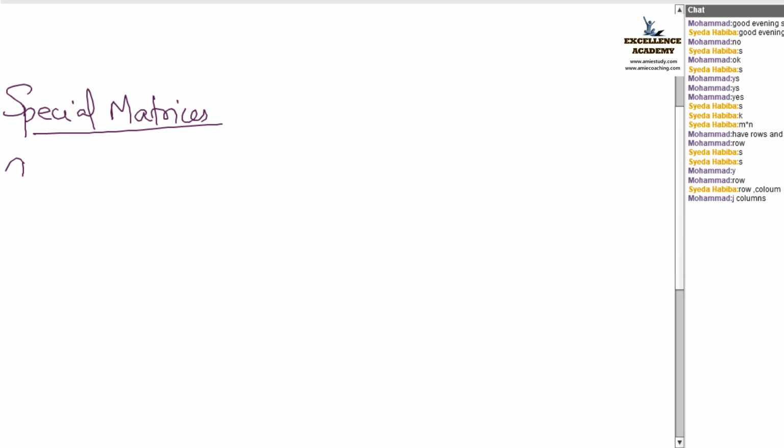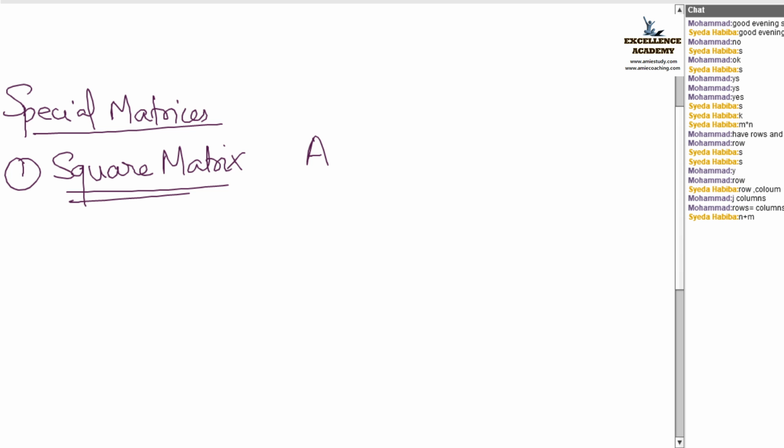If I am denoting a matrix A of order m by n, we can write that m is equal to n, that is, number of rows equal to number of columns.